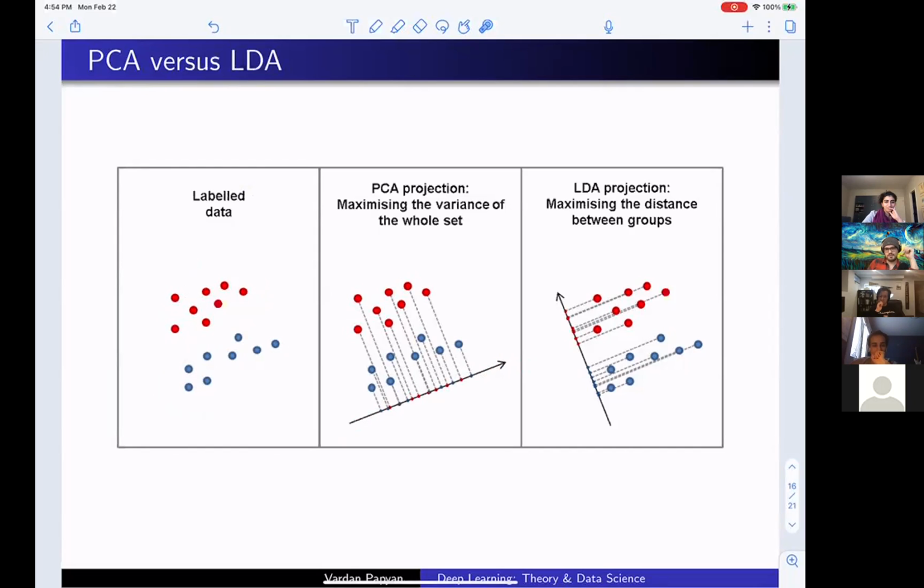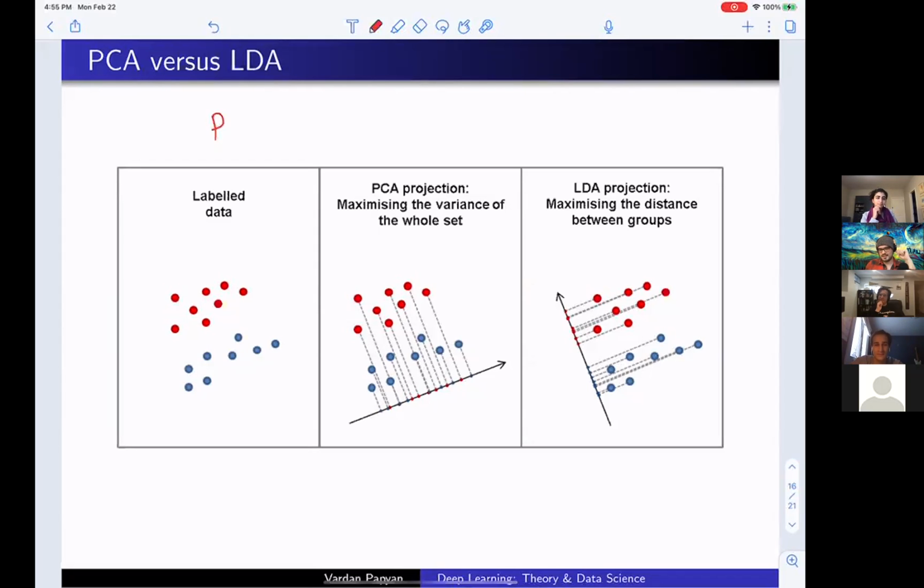Does this make sense? Have you seen PCA in your life? I assume you've seen PCA in your life. You have not seen PCA. Okay. What is PCA? Okay. My assumptions are, as always, incorrect. PCA is a fancy word for eigenvalue decomposition.